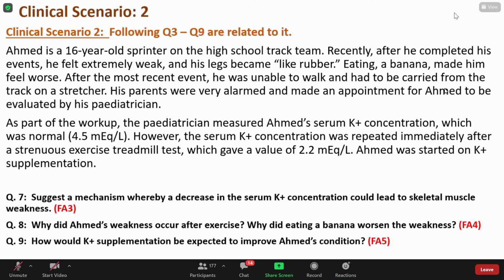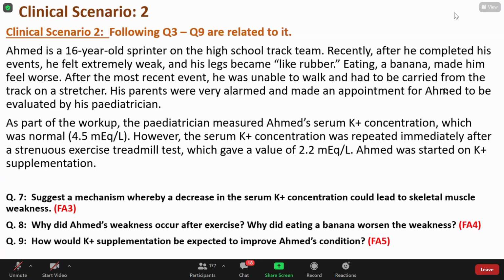What's your question, doctor? My question is, banana is quite rich in potassium. So why would eating banana cause worsening? Because the insulin-dependent potassium uptake augmented the post-exercise uptake, causing further hypokalemia.